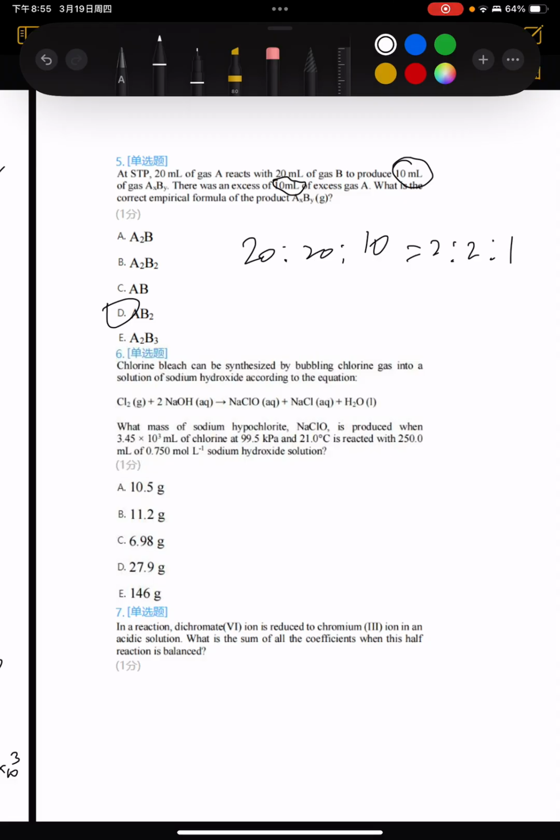there is a total of, using the gas law, PV equals nRT. We can arrange this formula to get that n equals PV divided by RT. Plugging in these numbers, we can find that the number of moles of chlorine is equal to 0.14 mole.